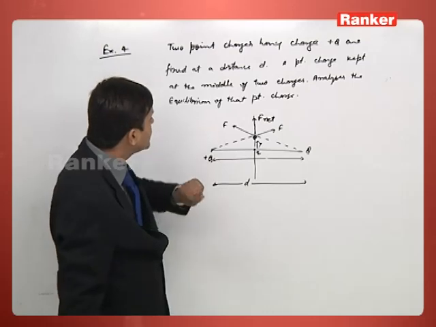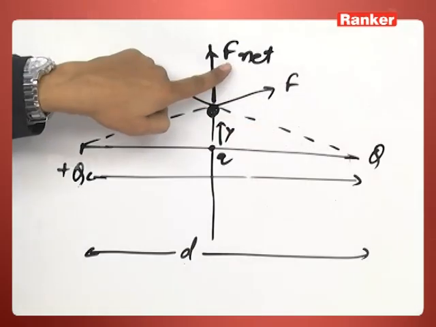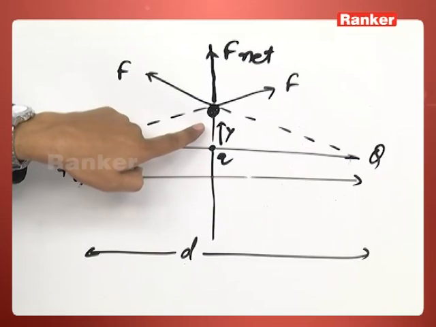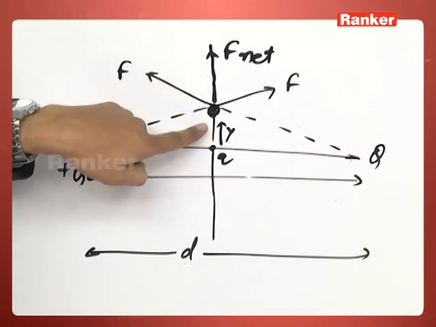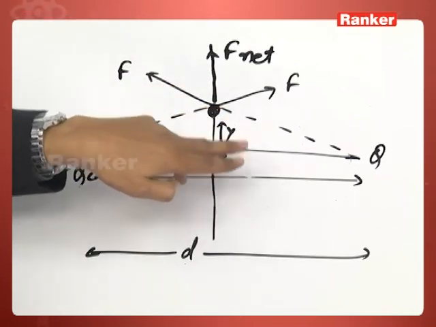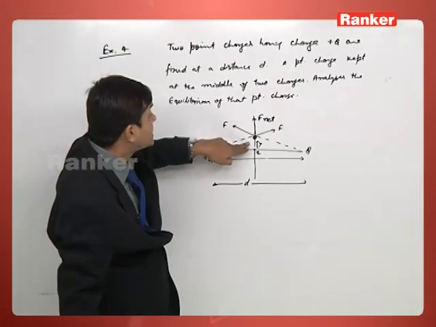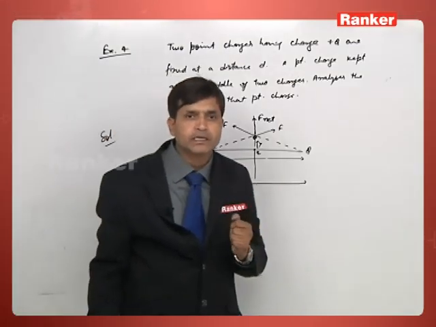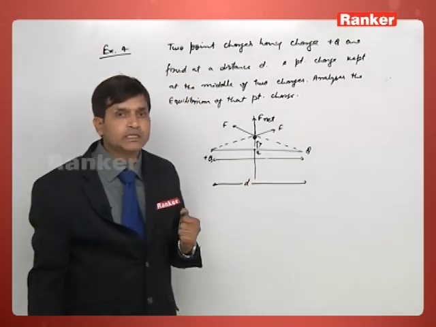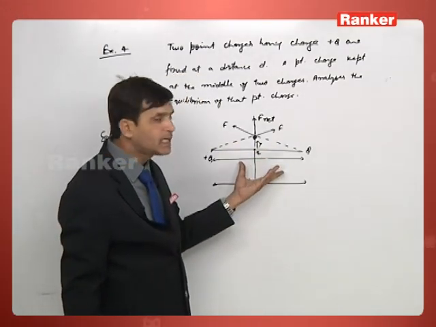As I said earlier, whenever the resultant force acting on the charged particle is in the direction of displacement, or the resultant force is acting in the direction of displacement of the charged particle at the displaced position, then the particle will be in unstable equilibrium.